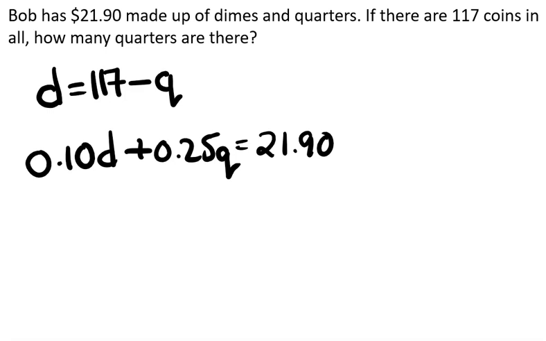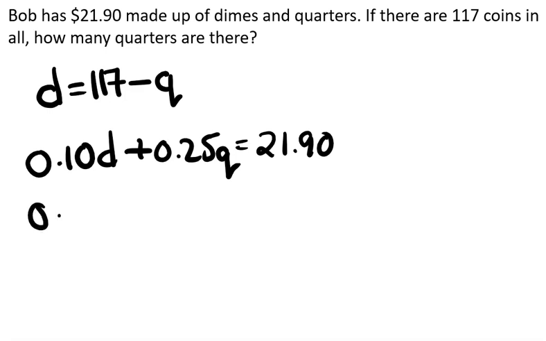Now, the first equation is telling us that the value of D is 117 minus the value of Q. So, here we're just going to plug in 117 minus Q for D in the second equation. Wherever we see D in the second equation, we're going to put 117 minus Q for that.